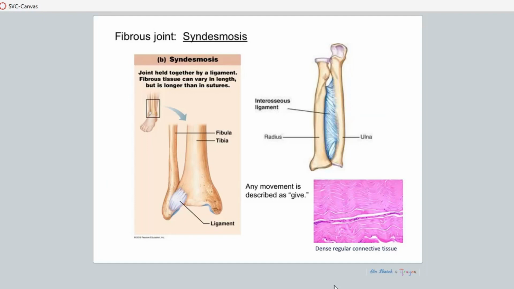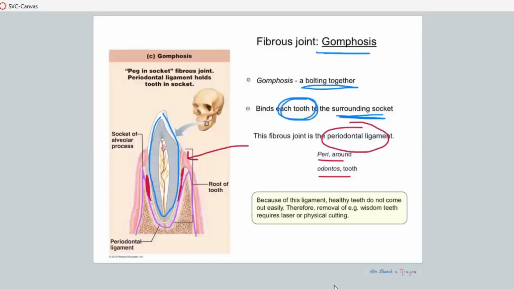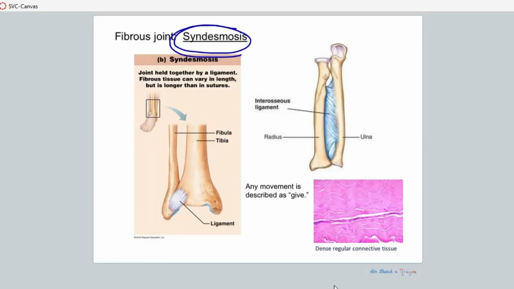There's another type of fibrous joint called a syndesmosis, and I'm not concerned that you know this name, syndesmosis. I'm really not concerned that you know necessarily gomphosis, but I want you to know about these types of joints. So a syndesmosis is also a fibrous joint, and we find this in specific locations here.